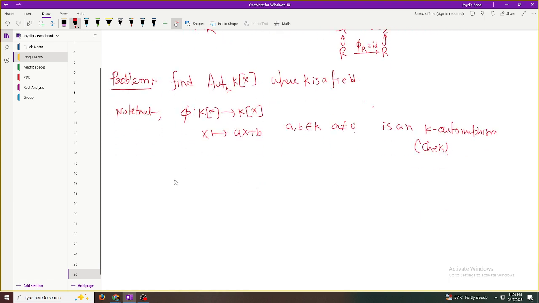Now, phi_{ab} from k[x] to k[x], I write this way: x goes to ax plus b such that a, b belong to k with a not equal to 0, is a subset of Aut_k k[x].